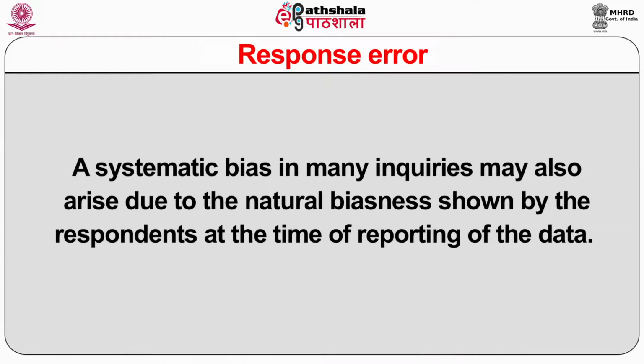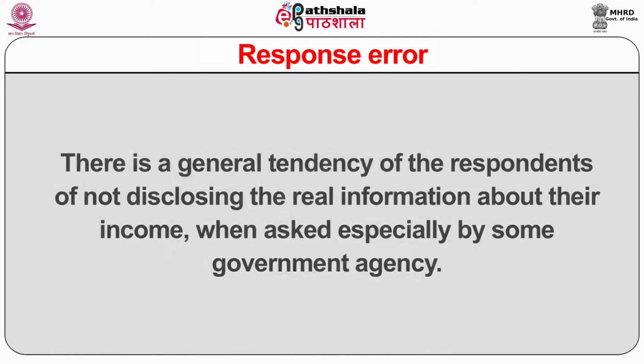A systematic bias in many inquiries may also arise due to the natural bias shown by the respondents at the time of reporting the data. There is generally a tendency of the respondents of not disclosing the real information about their income when asked, especially by some government agency.